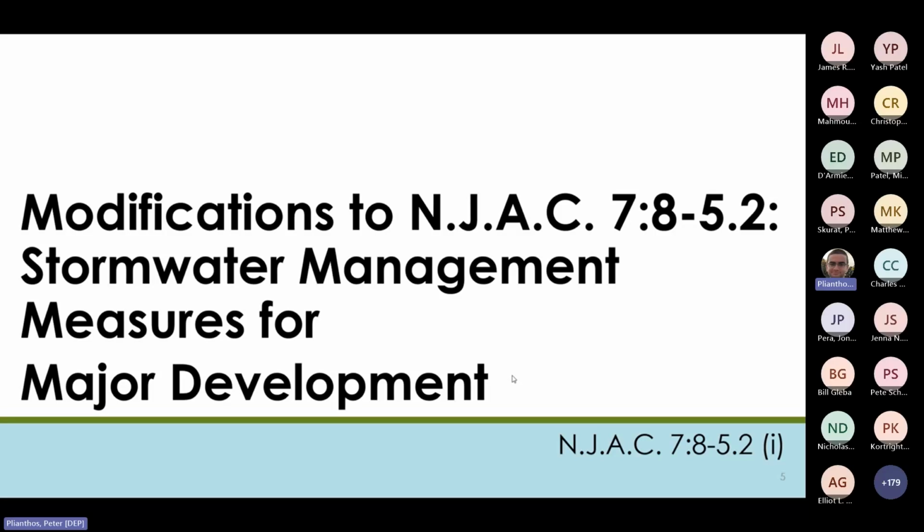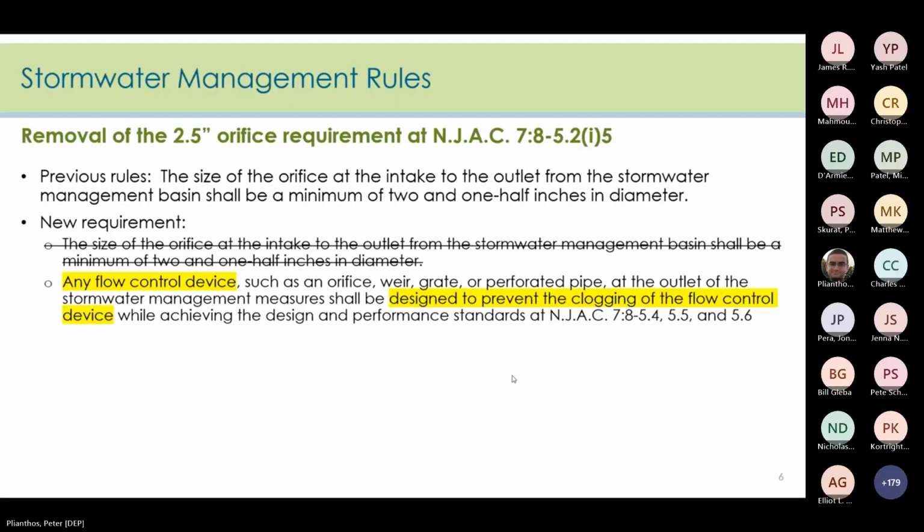Next, we will discuss one specific amendment to N.J.A.C. 7:8-5.2, stormwater management measures for major development. At N.J.A.C. 7:8-5.2(i)5, in the previous rules, an orifice at the outlet of a BMP was required to be a minimum of 2.5 inches in diameter. In the new rules, this requirement has been removed.